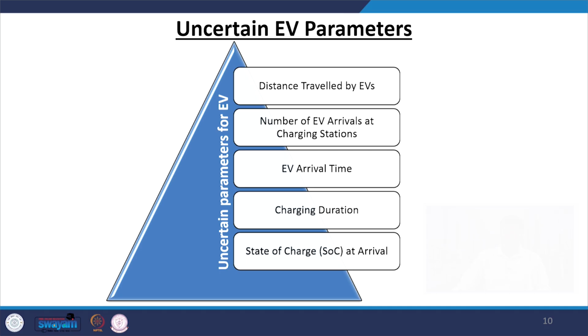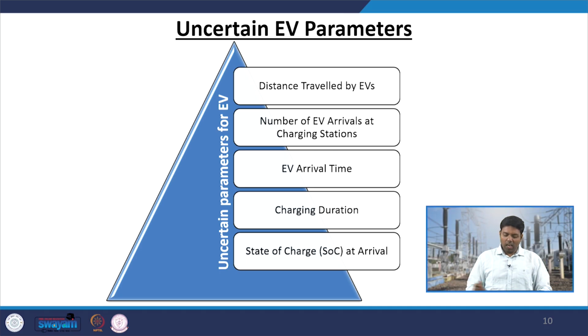Then we come to the EV parameters. There are 5 different parameters in the electric vehicle itself which are uncertain. First, how much distance it travelled for the entire day when it is on the road. Second, the number of electric vehicles arriving at the charging station. Third, when it is arriving at the charging station.